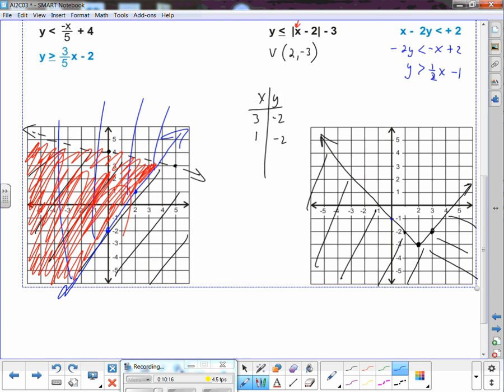So y-intercept of -1, go up 1 and to the right 2. Go ahead and do a dotted line. Shade above the line.